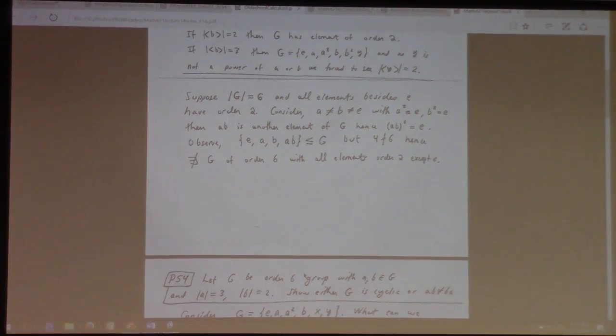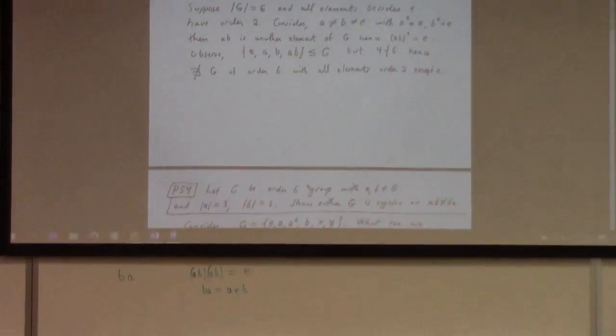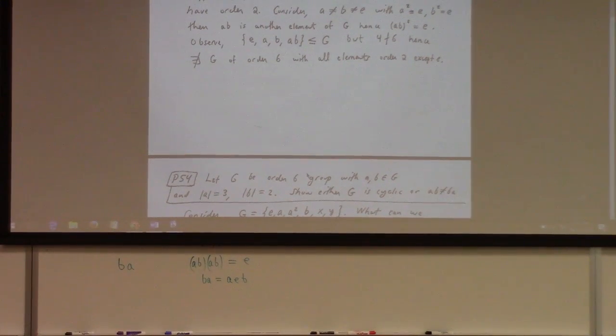So actually, no, I'm not assuming that the group is abelian, but guess what? Even though I didn't assume that, supposing that AB squared was E forced AB to equal BA. See that?